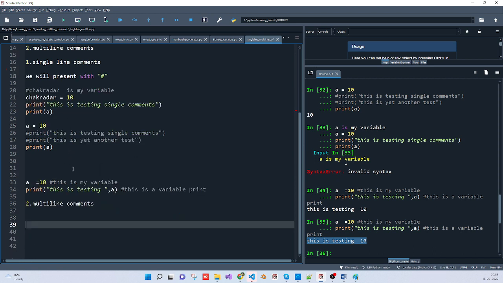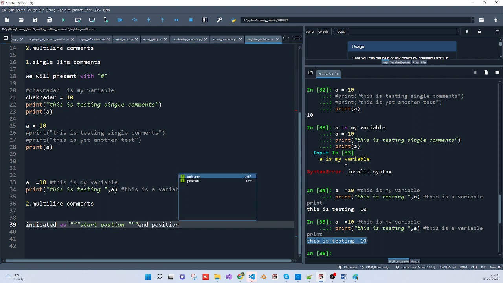Observe now. Multi-line comments are indicated with three single quotes or double quotes at the start position and at the end position.